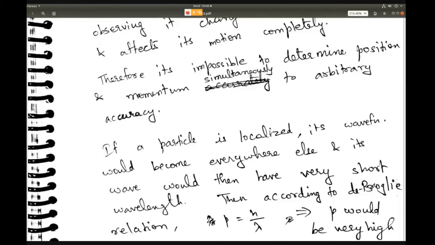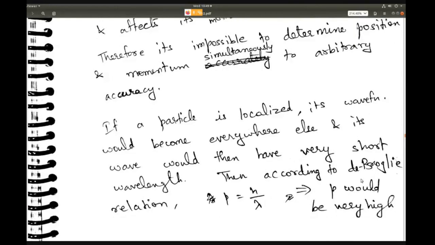If the wave function only has some value at that particular point and everywhere else it is zero, that means the wave function is localized. So if a particle is localized, its wave function would become zero everywhere else, and its wave would then have a very short wavelength, because the wave function is zero everywhere else, which means the wavelength becomes very, very small.